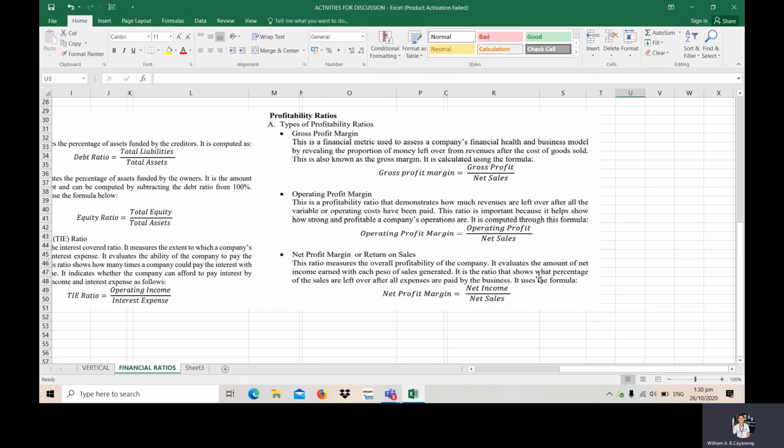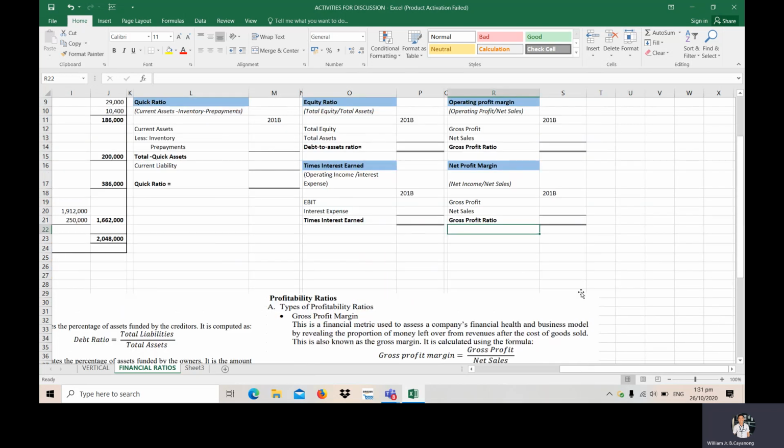It shows what percentage of sales is left over after all expenses are paid by the business. It uses the formula net income over net sales. So it measures what percentage is left from the income after deducting all of your expenses.